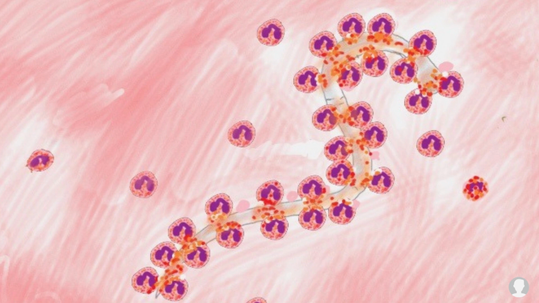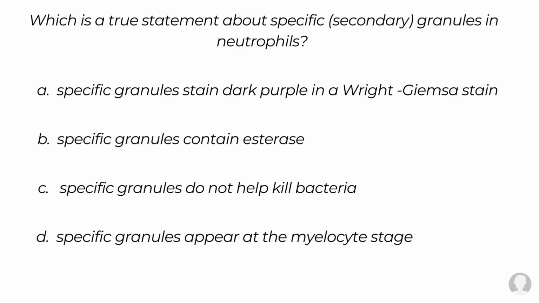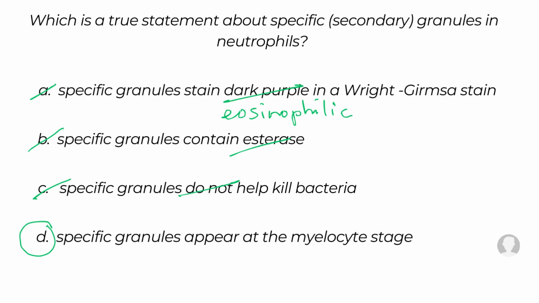Actually, you can see the parasite's too big to be engulfed by a single eosinophil, which is a true statement. About specific secondary granules in neutrophils: they are eosinophilic, so they're not dark purple and they don't contain esterase. And they do help kill bacteria.